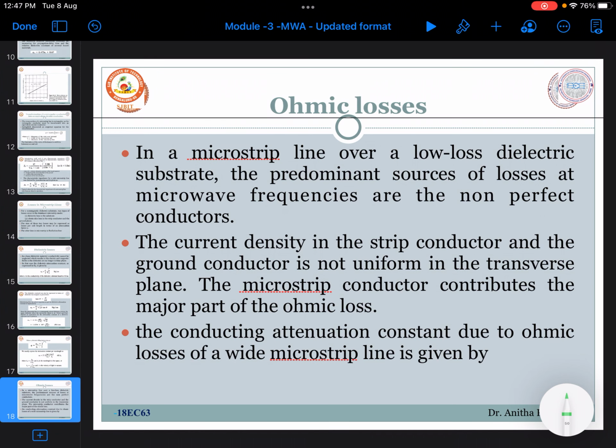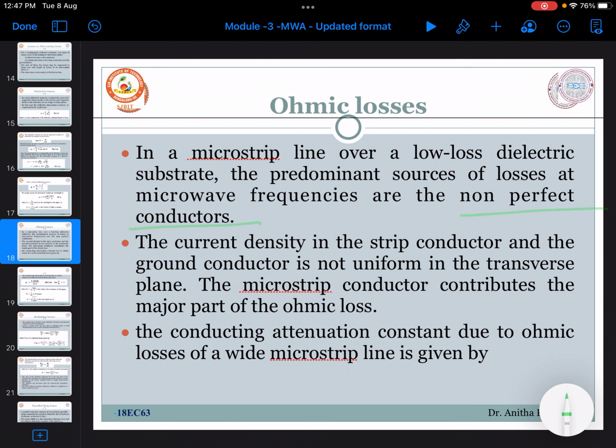Coming to the next one, ohmic losses. As you are using a low loss dielectric material, the predominant source of losses is non-perfect conductors. The conductor elements on the top and bottom layer of the microstrip line will have losses associated with them, which we need to address. The current density in the microstrip conductor and the ground conductor is not uniform in the transverse plane, and the microstrip conductor contributes the major part of the ohmic loss.